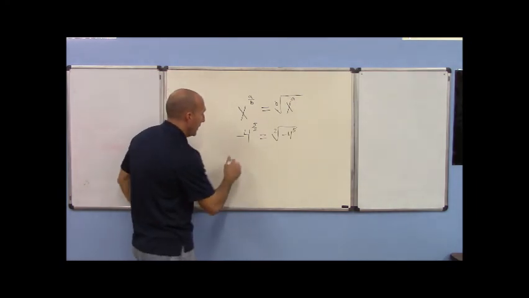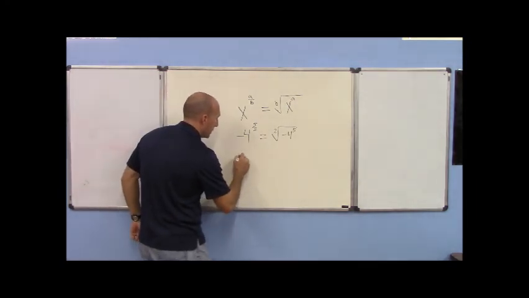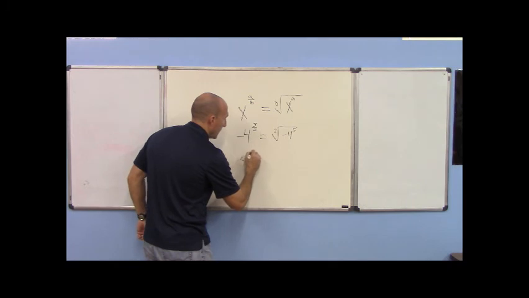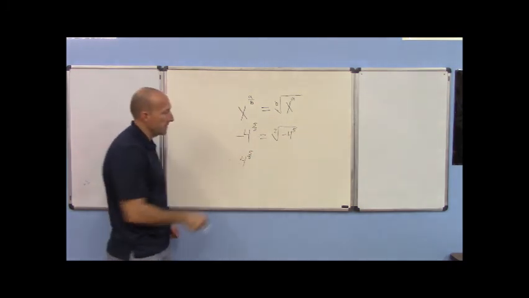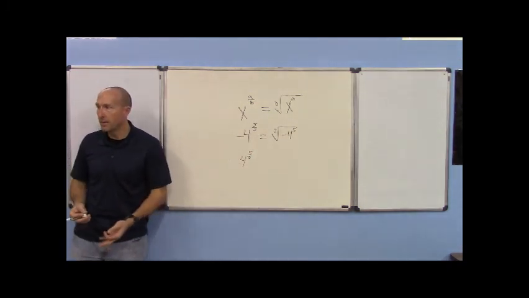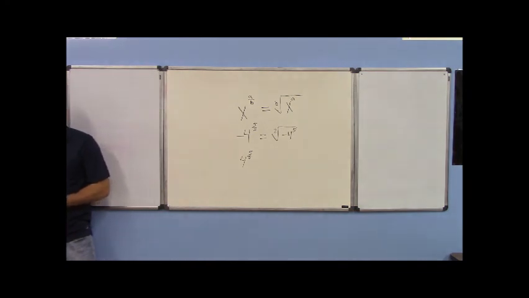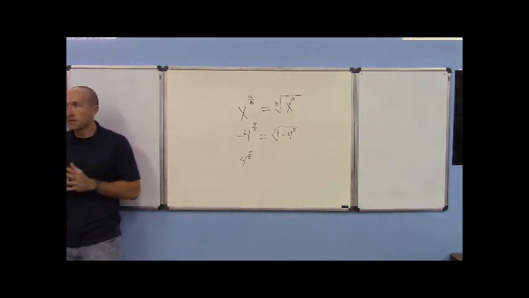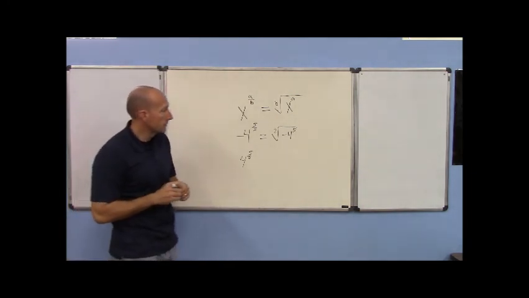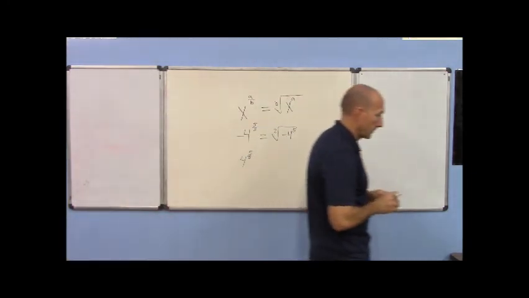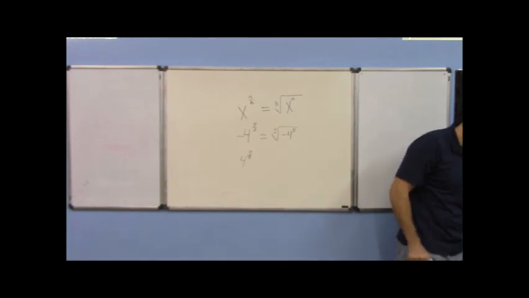Or if you had positive 4 to the power of 5 over 0, then you know we're going to have some problems, and you can just stop right there. Cool, makes sense?